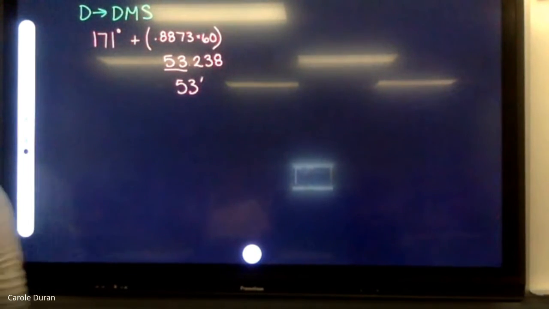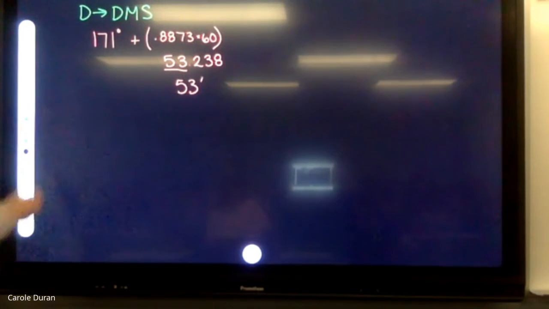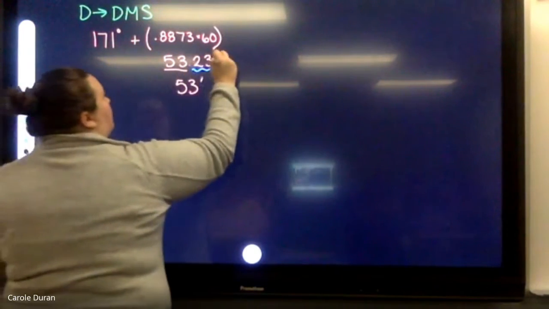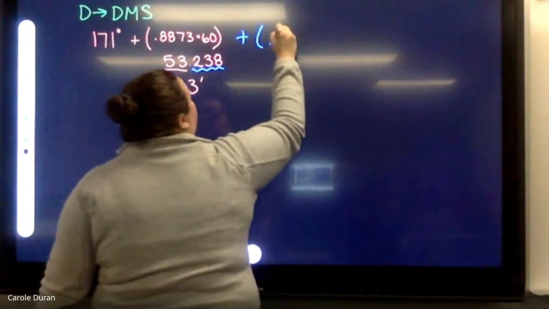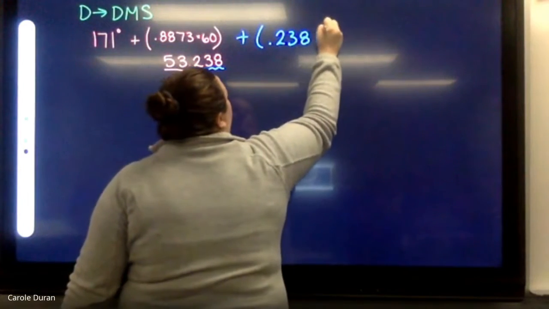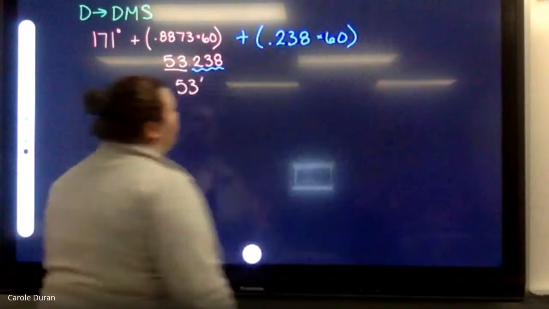Can you guess how we're going to find our number of seconds? We're going to take the 0.238 and multiply by 60 again. And that's going to give me my number of seconds.